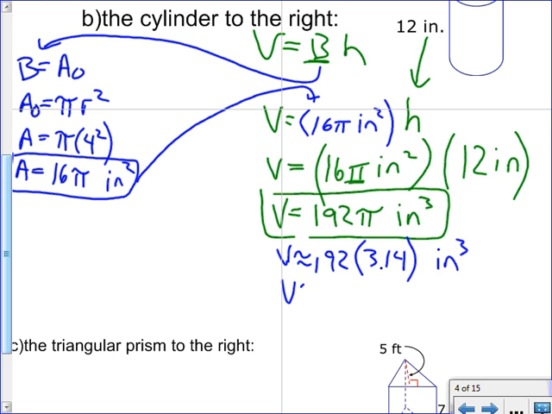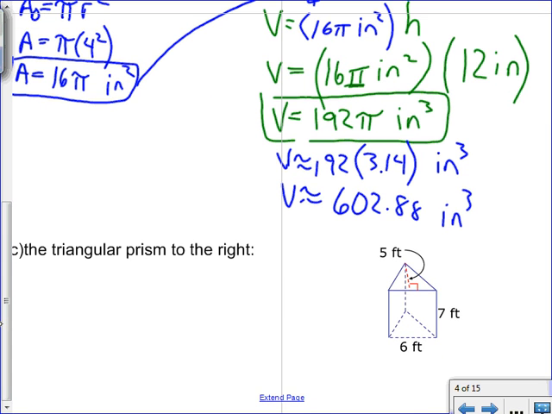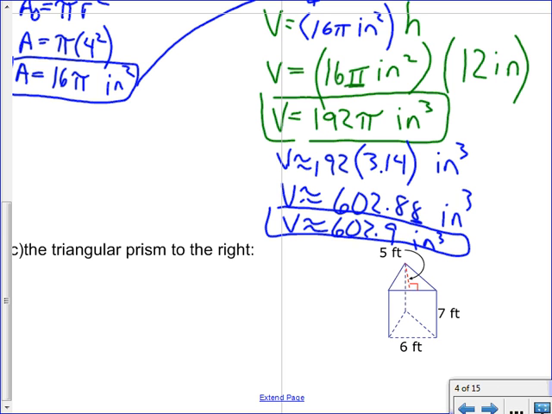And so I get volume is approximately equal to 602.88 inches cubed. But remember, the question asked for it to the nearest tenth. So we will say volume is approximately equal to 602, and I will round this 0.8 up to 0.9 because the digit after it is 5 or higher. So 602.9 inches cubed. Okay? And that is our approximate answer.